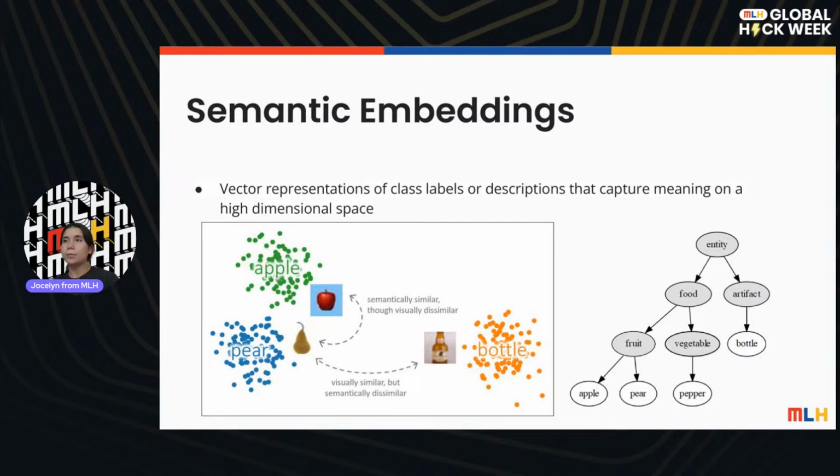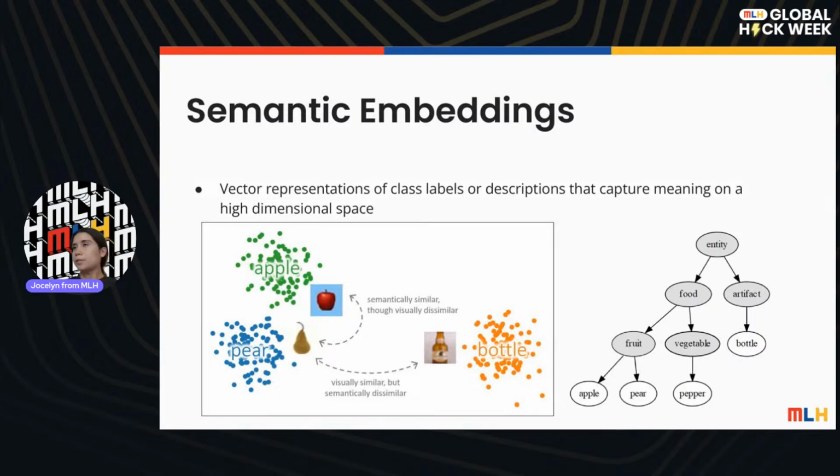As they are numeric representations, you can actually plot those points into a two-dimensional space, as we are seeing in here. For example, the apple and the pear are most likely to be plotted near each other. And then for a bottle, it's not very similar in here. It's not a fruit, so that's why we're placing it in a much further space.